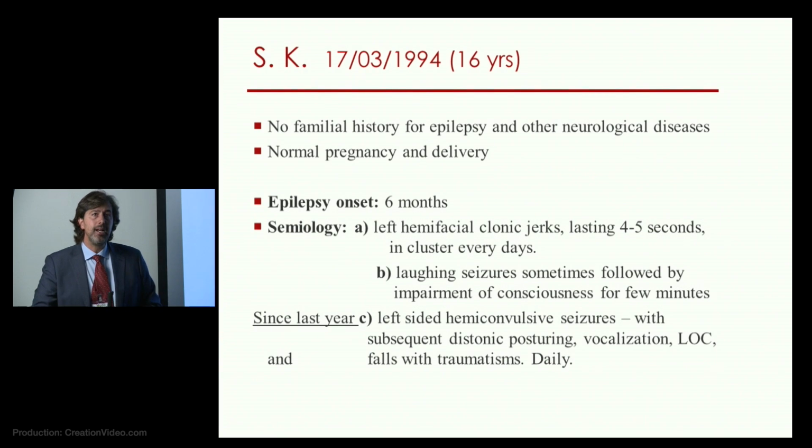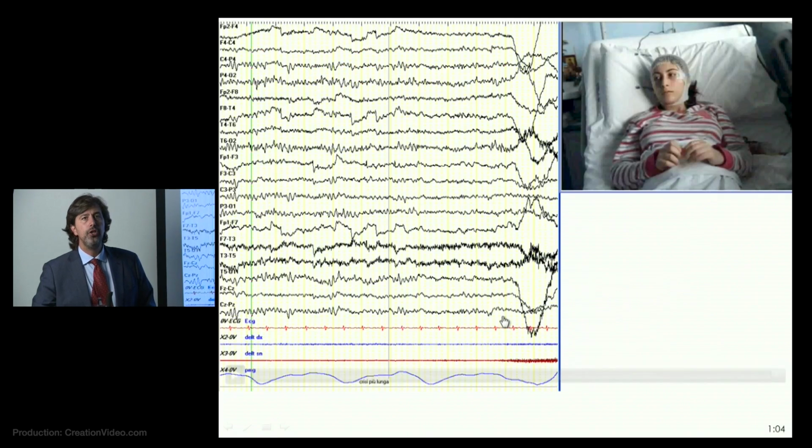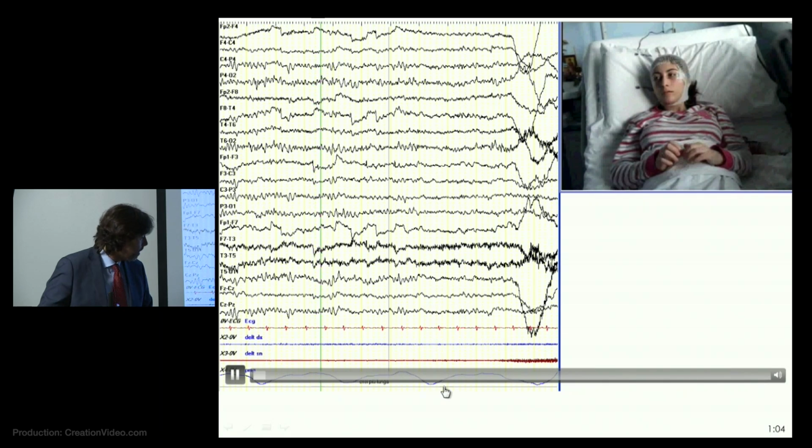Okay, this is another patient whose story is interesting. She presented at the age of 6 months with seizures, and seizures were characterized by hemifacial clonic jerks. That is something that is evident, but not very frequently evident in those patients. And you can see here one of the seizures.